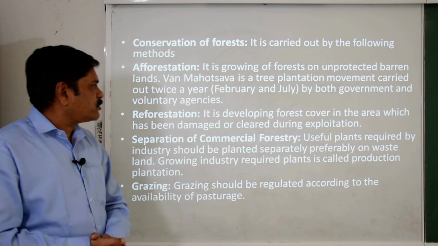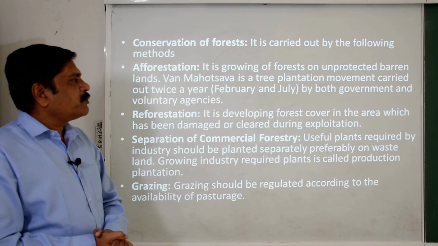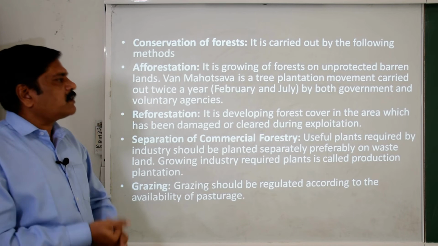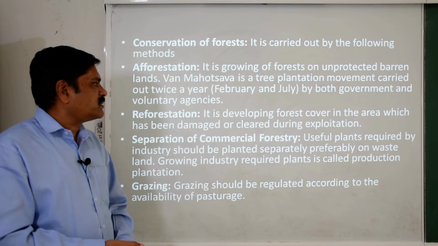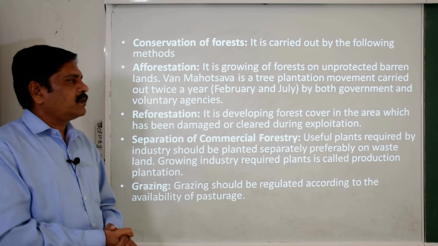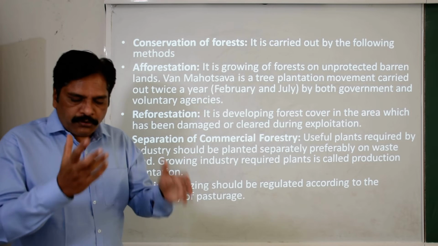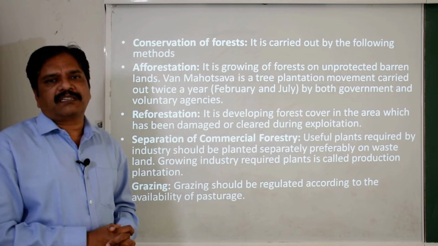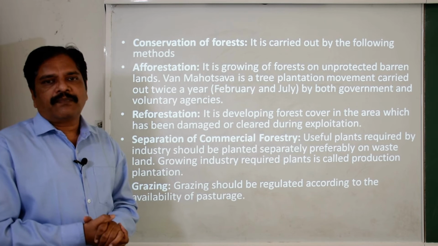Clear? Then the separation of commercial forestry. We know that some special or useful plants required by industry should be planted separately, preferably on wasteland. Likewise, we can grow Ratanjot or this kind of plant just for biodiesel.